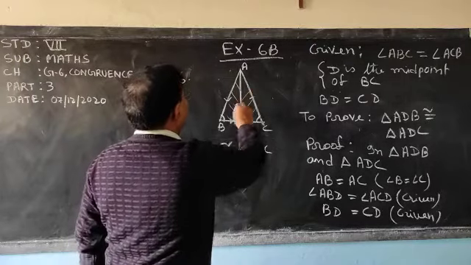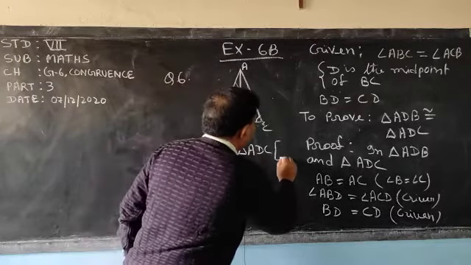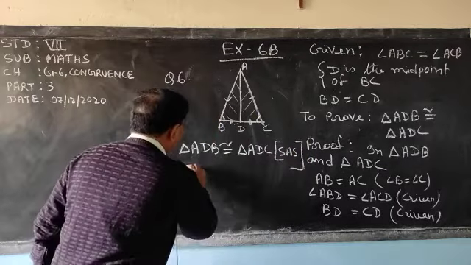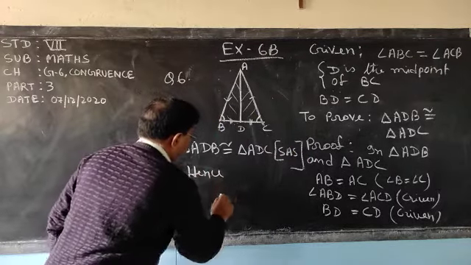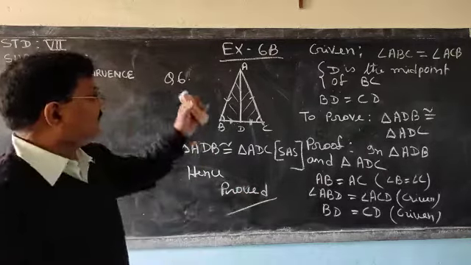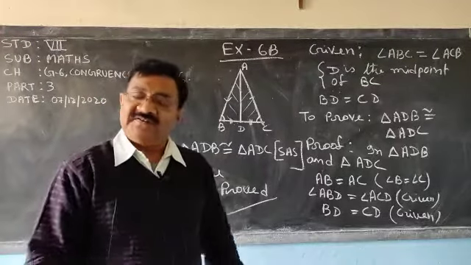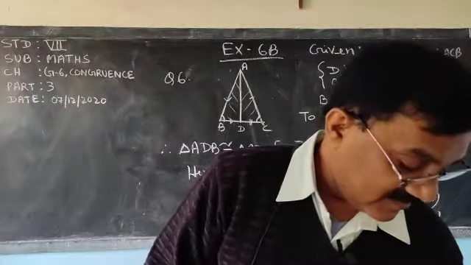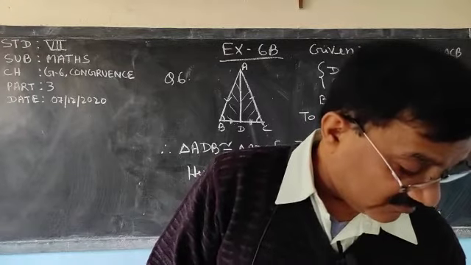Side angle side, SAS. And at last you will write hence proved. If you write this much, then only you will get full marks. Understood or not? Okay. Some more questions we will solve.